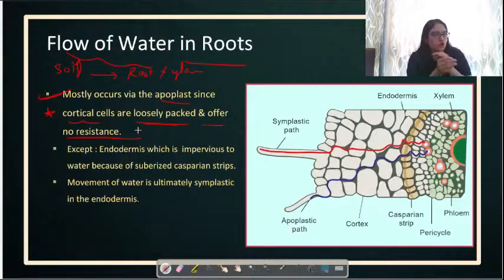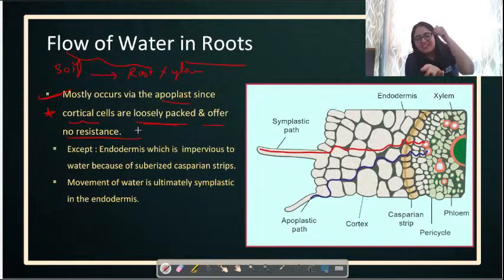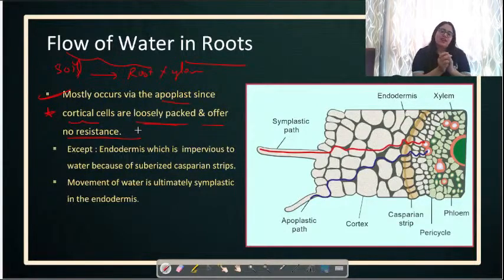So although the apoplast system is continuous throughout the roots, exceptionally at the endodermis layer the water needs to leave its apoplastic pathway and strictly follow the symplastic one in order to reach the root xylem. I really hope students, now whatever is written on the slide as well as in your NCERT will be crystal clear to all of you.